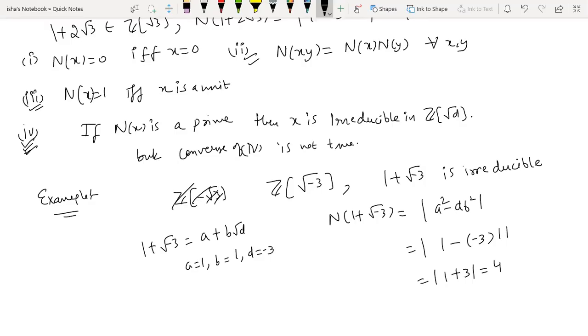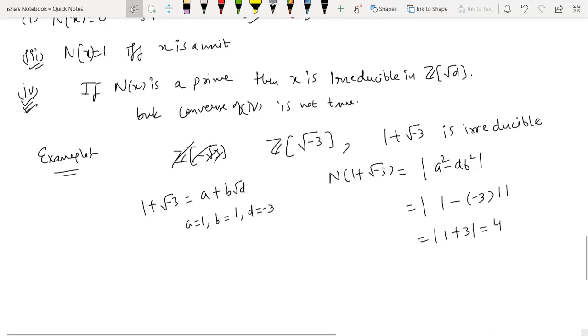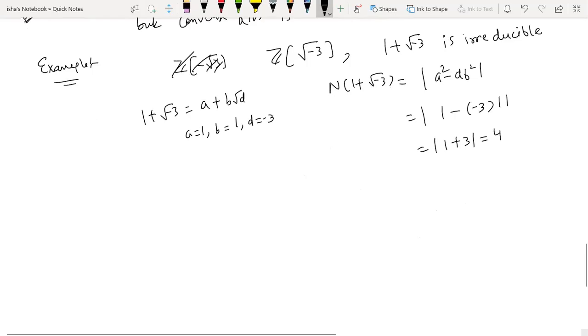Let me see whether we have computed this right. 1 plus square root minus 3, a square minus d b square. Yeah. So here actually the norm is not turning out to be prime. Although the element is irreducible, it's not going to be shown by property number 3. So I will tell you how it is irreducible using some other property.